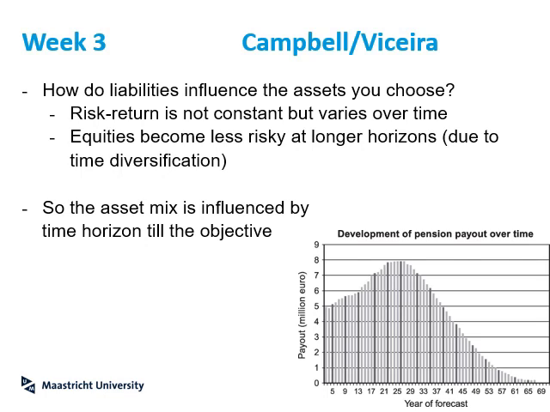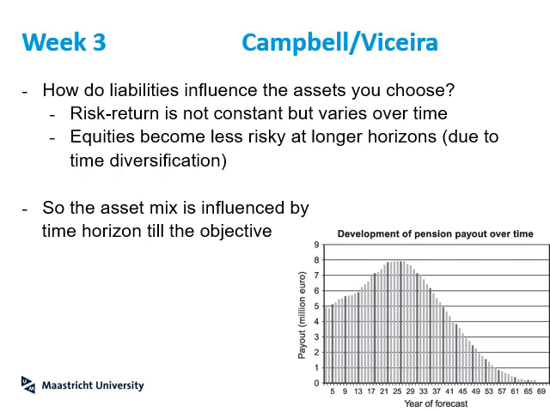If you would now translate that into an asset mix, you could say, because this pension fund has a rather long time horizon, it can bear the risk of equities in the short run. Because it can wait until the risk diversifies away, becomes smaller, and then reap the benefits of investing in equities. If you would have an investor which has a much shorter horizon, for instance, less than 5 years, that investor would probably not invest in equities at all.